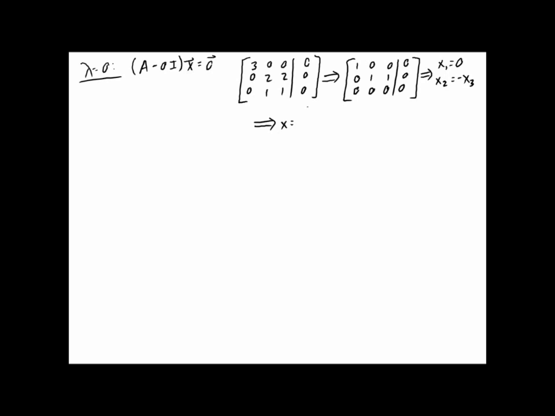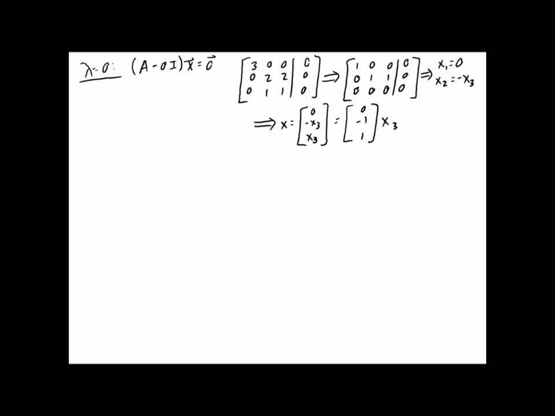So x1 is going to be 0, x2 is negative x3, and x3 is just itself, because x3 is my free variable. And so the vector is 0, negative 1, 1 times x3.